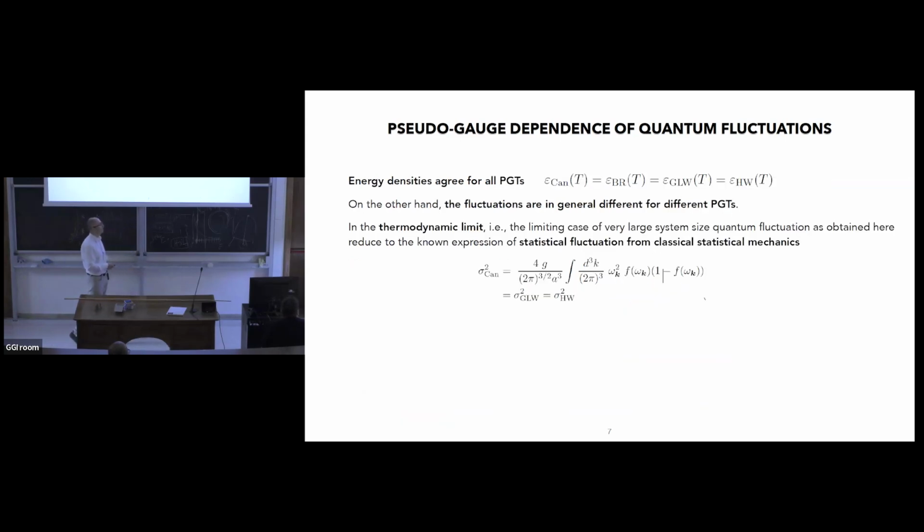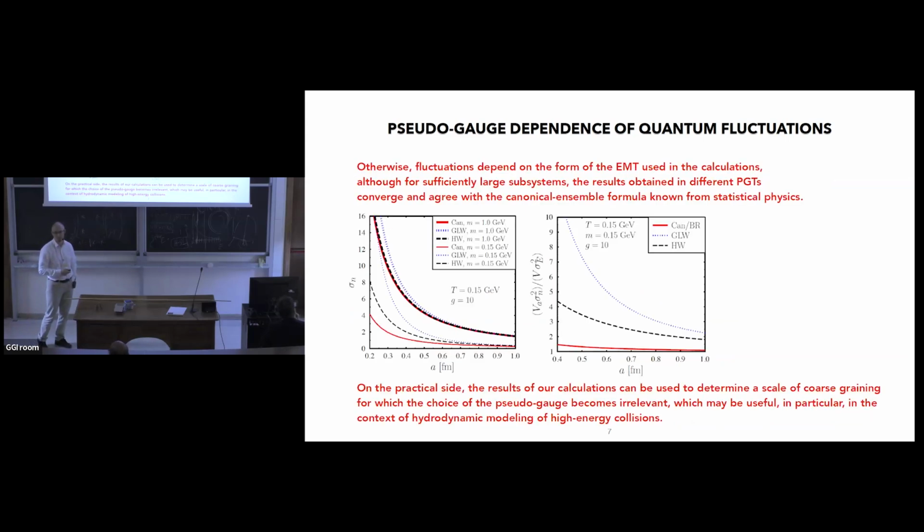And then you can proceed and try to calculate the fluctuations. And now the surprise comes, because the fluctuations calculated for all these different pseudogauges are different. So basically, this is what you get. You have a size of the system.